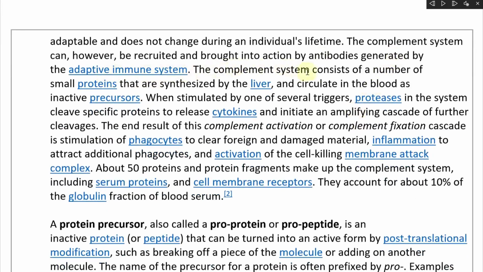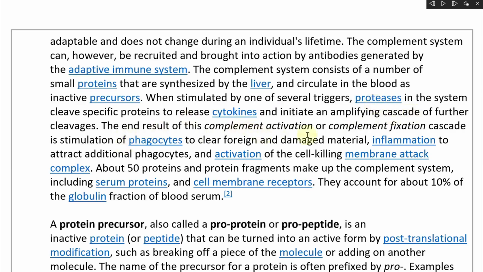The complement system consists of a number of small proteins that are synthesized by the liver and circulate in the blood as inactive precursors. So when stimulated by one of several triggers, proteases, see pronunciation here? Proteases in the system cleave specific proteins, so these are enzymes there, to release cytokines and initiate an amplifying cascade of further cleavages.